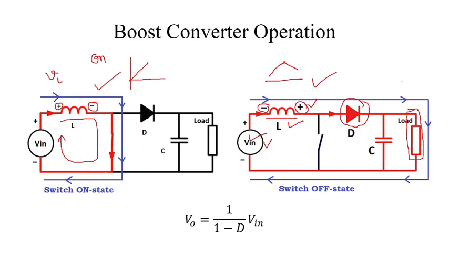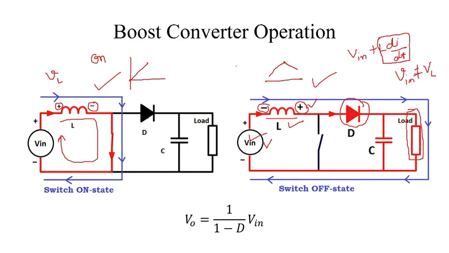In other words, your load is supplied by Vin plus the inductor voltage. More specifically, it is Vin plus L di by dt. This is the voltage across the inductor.